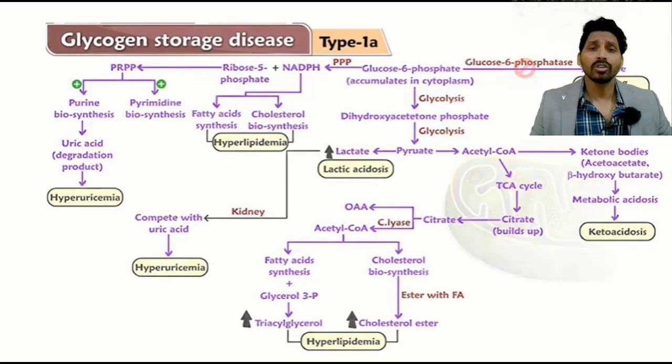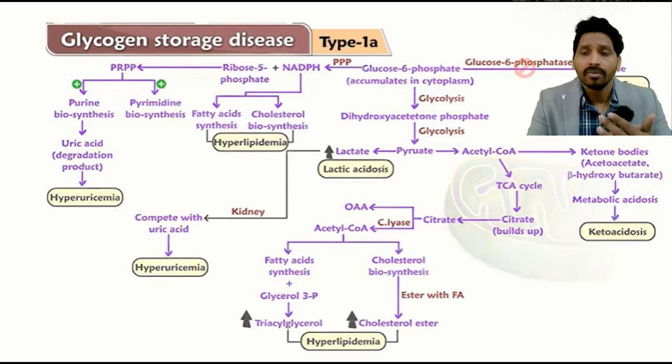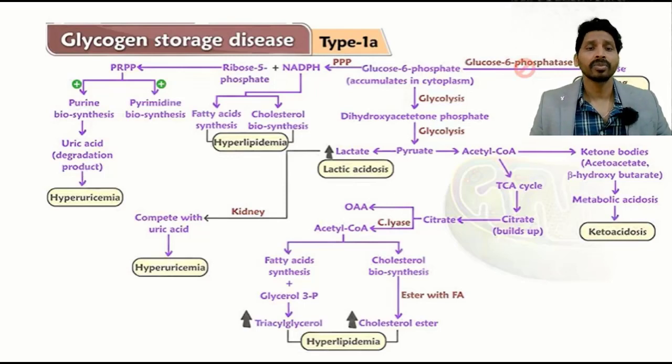And again, this glucose 6-phosphate enters the HMP shunt to produce NADPH. The function of the HMP shunt is to produce pentoses for nucleic acid formation, and NADPH for fatty acid synthesis, steroid synthesis, respiratory burst, and maintaining the RBC membrane. So this NADPH again favors fatty acid synthesis, leading to hyperlipidemia.